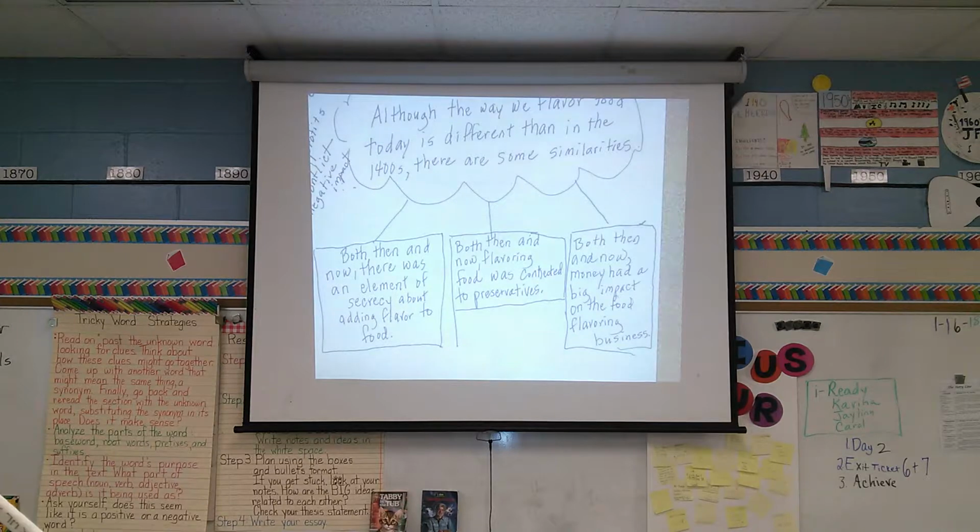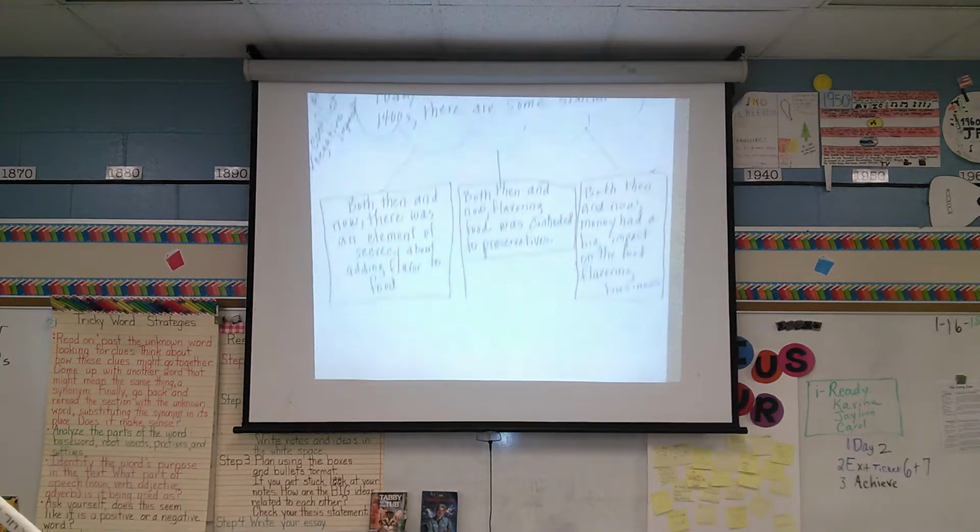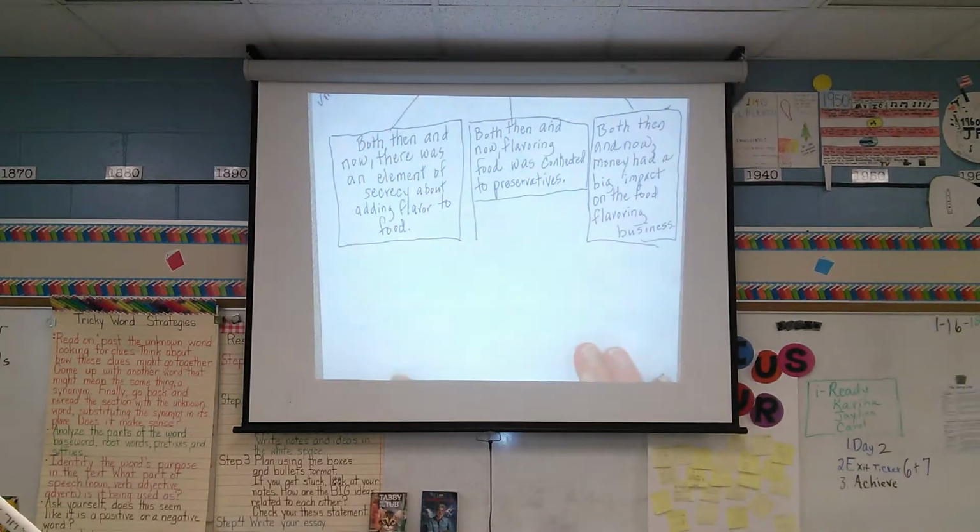Okay, so far we've written our thesis statement and we have written the three topic sentences for our three body paragraphs. Now, what you're going to do during the work time today is go back into the articles and find the evidence that you're going to need in order to complete your plan.